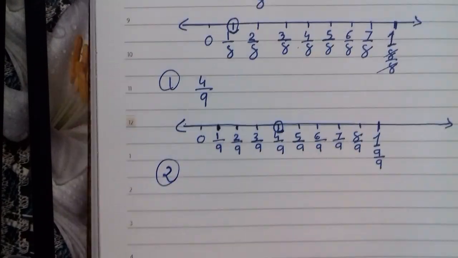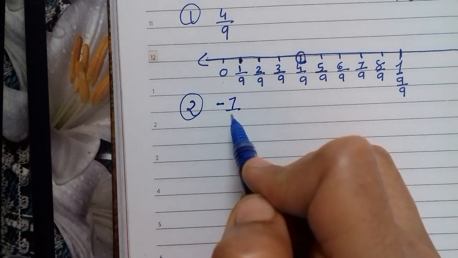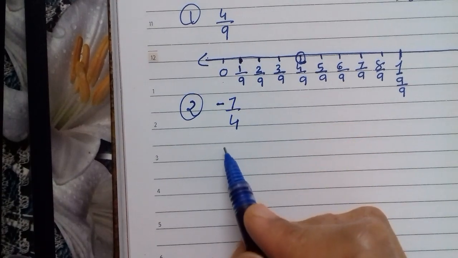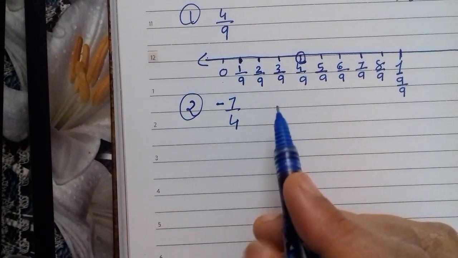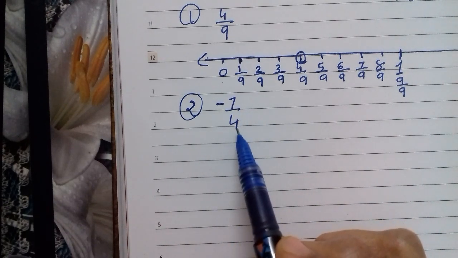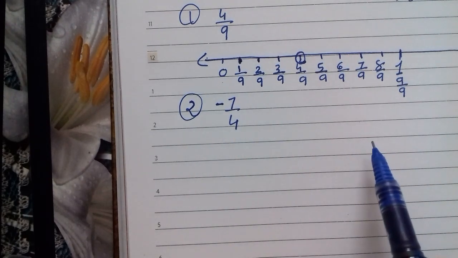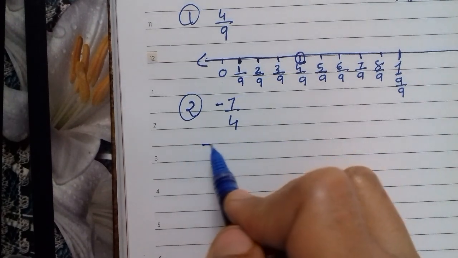Take second example. -7/4. So we make 7 markings of distance 1/4 each to the left of 0.